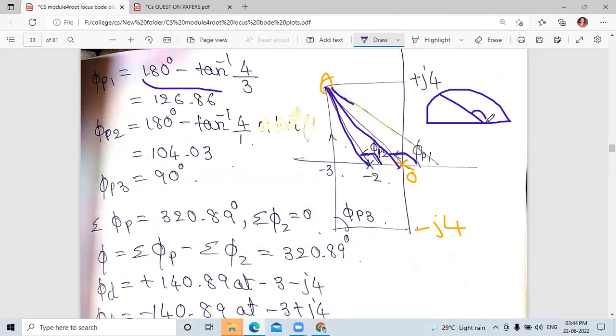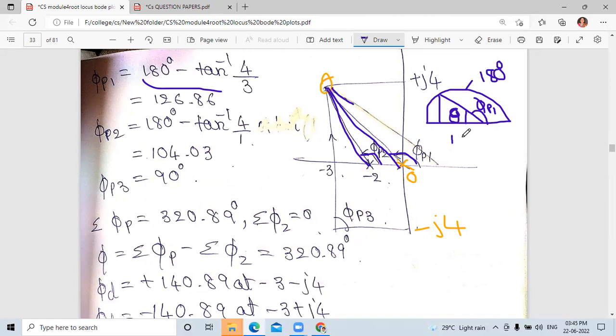This is angle phi p1. This is nothing but theta, and this is nothing but phi p1, so overall it is 180.